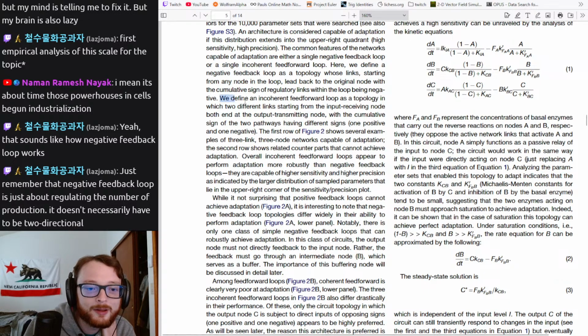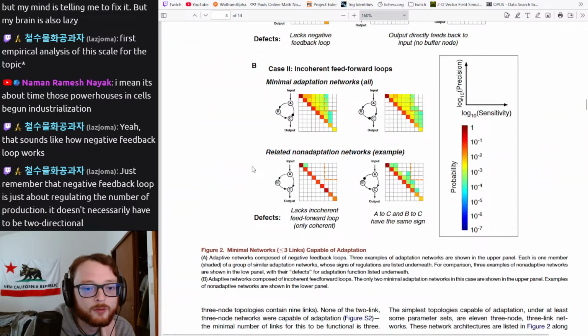What about incoherent feed-forward loop? Two different links starting from the input receiving node both end at the output transmitting node, with the cumulative sign of the two pathways having different signs. Okay.